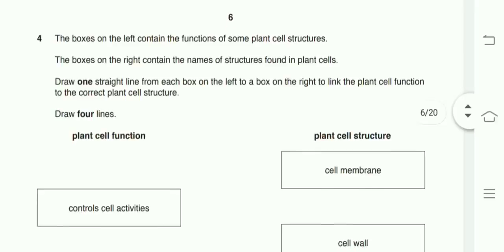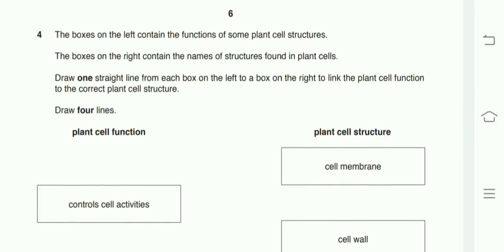Okay, let's move to number 4. Look at here, number 4. The boxes on the left contain the functions of some plant cell structures. The boxes on the right contain the names of structures found in plant cells. Draw one straight line from each box on the left to a box on the right to link the plant cell function to the correct plant cell structure.